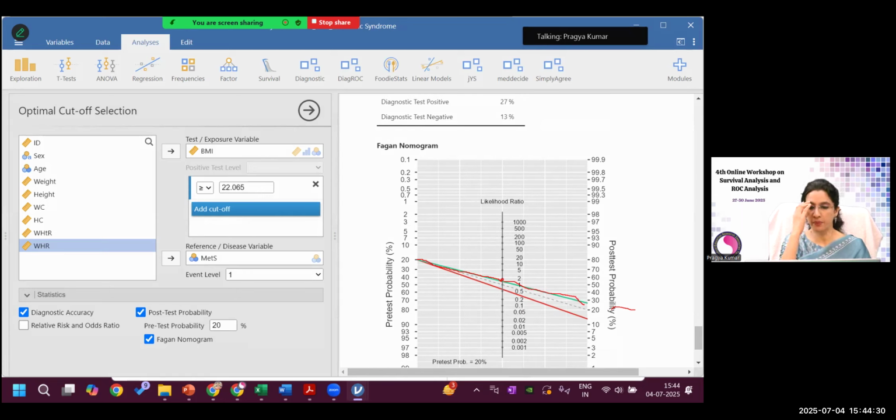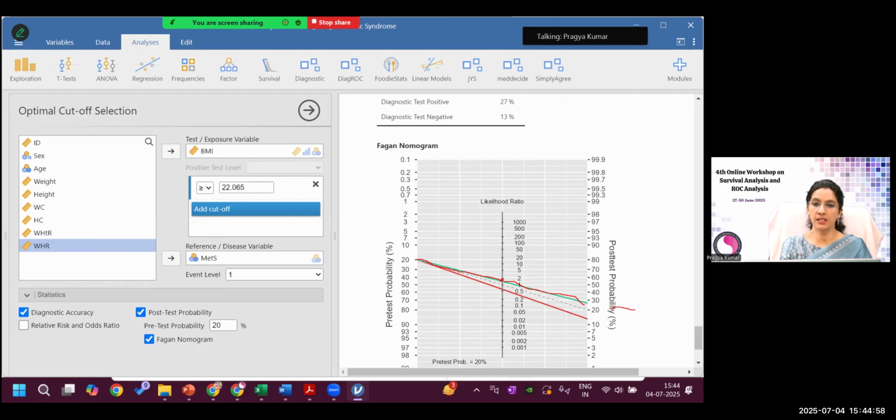That means if the patient has tested positive, there is a 27% probability that he will have this disease. So it has a very poor post-test probability, because there's only a 7% increase. Without testing also, the pre-test probability was 20%. With the test, there's only a 7% increase. So it is not a good test.